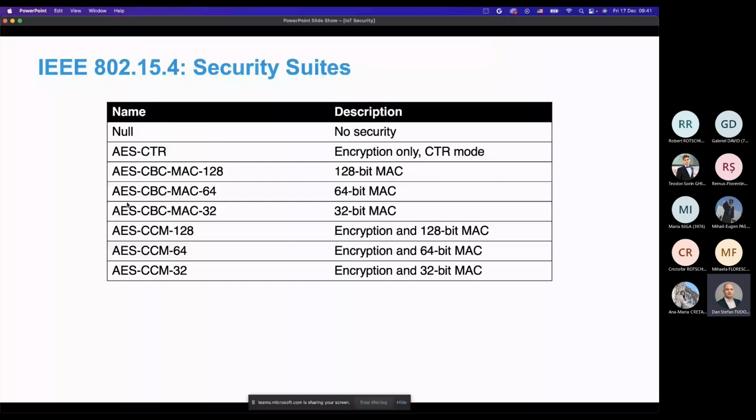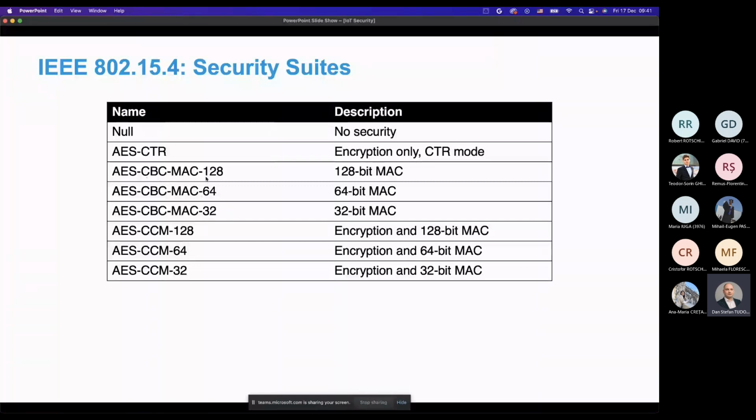The first one is no security at all, but the second one, AES-CTR, offers encryption only. Followed by a group of suites with authentication only.